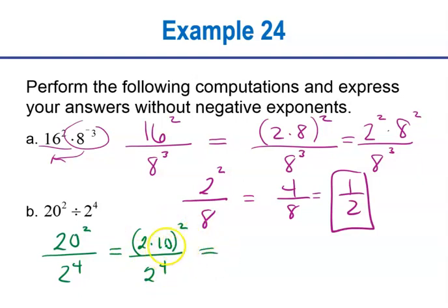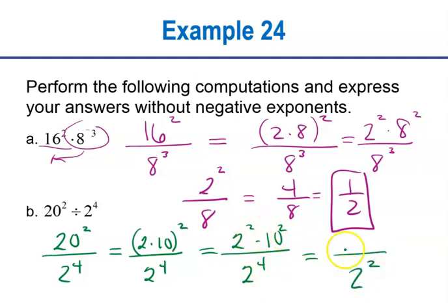In the numerator, because that's to the second power and we're multiplying, that's 2 to the second times 10 to the second. And in the denominator, that's 2 to the 4th. Once again, I could subtract. 4 is bigger than 2, so 4 minus 2 leaves me 2 to the 2nd in the denominator and 10 to the 2nd in the numerator. Hey, we know 10 squared is 100 over 2 squared is 4, which gives me 25.